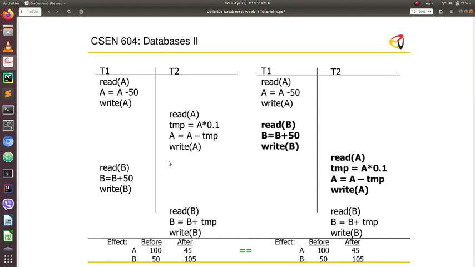Well, using concurrency. The main idea behind swapping between transactions is to identify conflicting steps that, if we swap them, will cause a problem, and non-conflicting steps that swapping them will not affect at all.